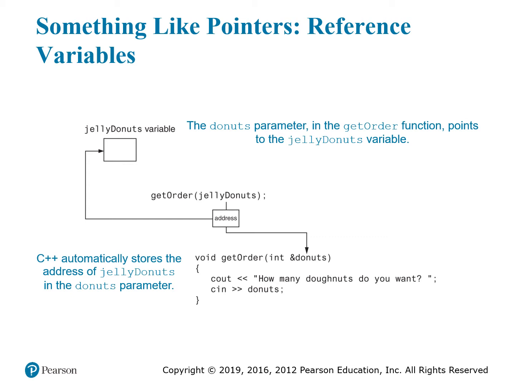What happens here is Jelly Donuts is not a pointer, so it actually points directly to the Jelly Donuts variable here. But when we tell it we want to pass a reference, it's going to look up the address and pass the address over here instead of passing the value.